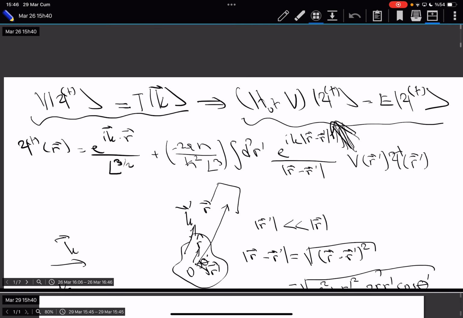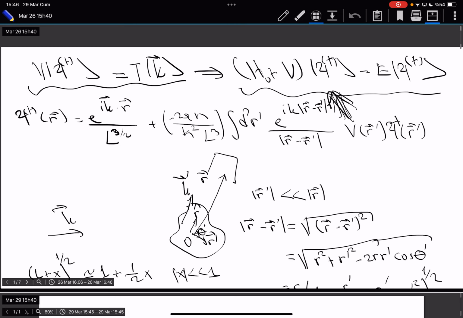Sorry, is there any way to increase the brightness or something? Contrast? I think there's some missing curtains over there.